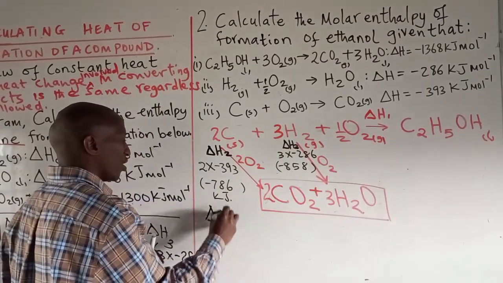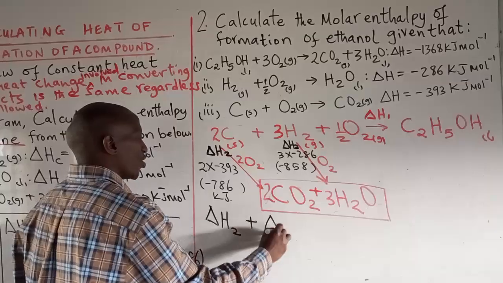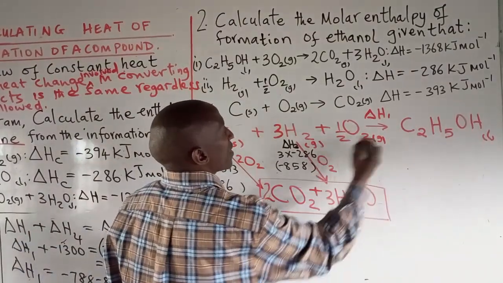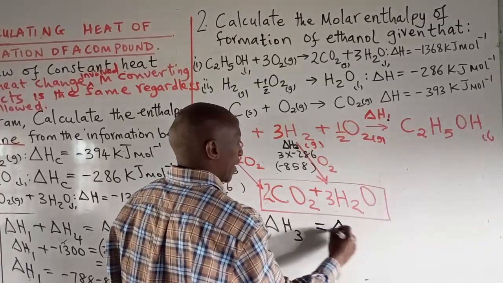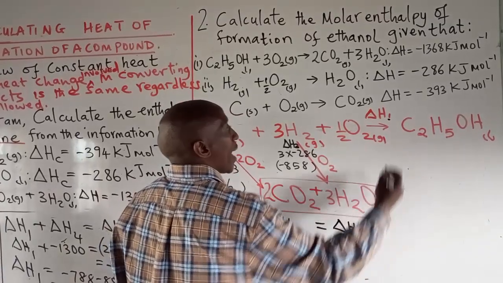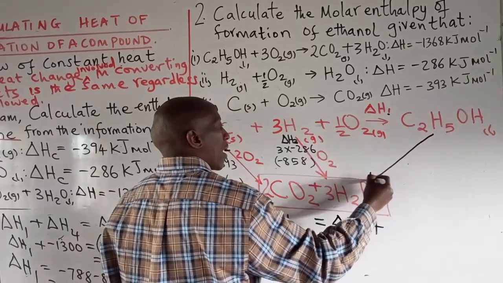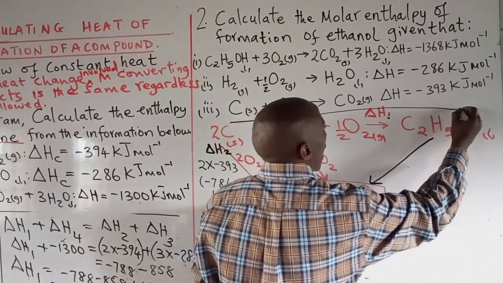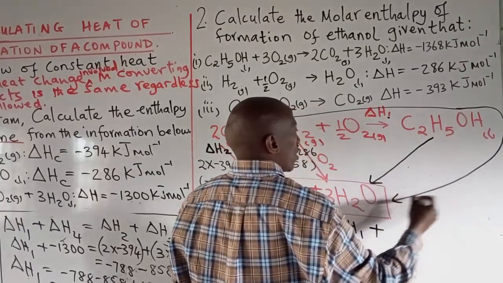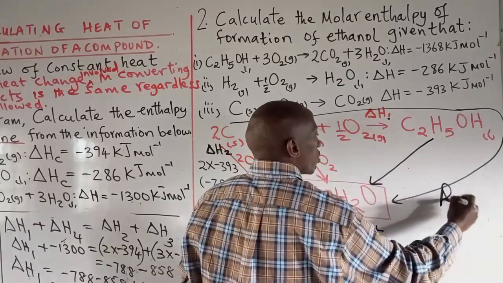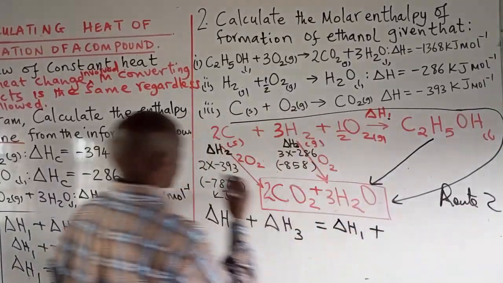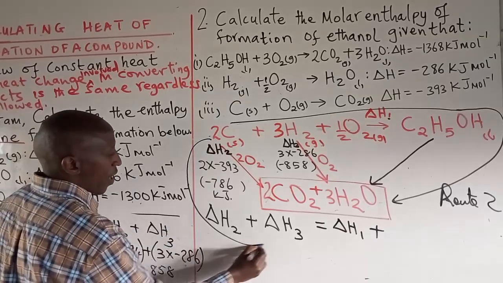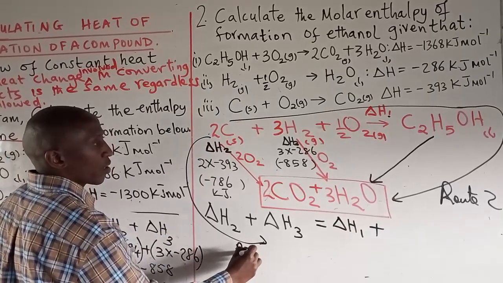So heat change 2 added to heat change 3 will be equal to heat change 1, and here in route 2 we have this as our energy change for route 2. Whereas this is our route 1.